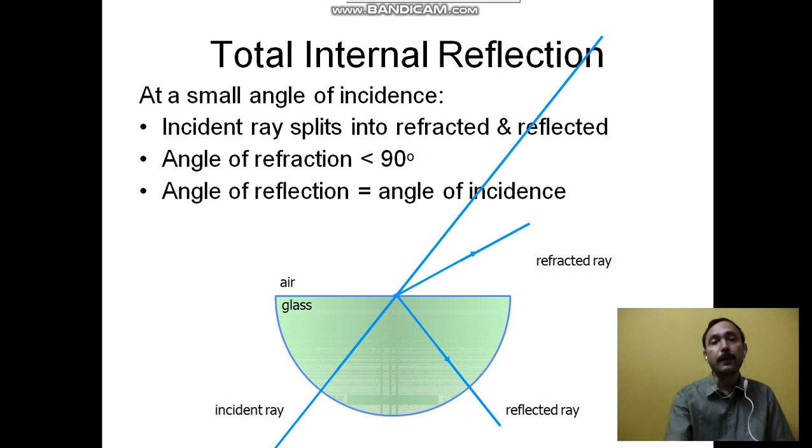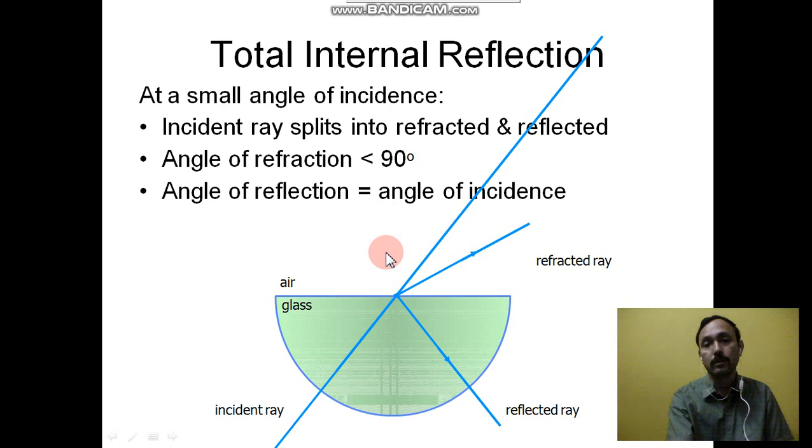At a small angle of incidence, the incident ray splits into a refracted and a reflected ray. This one is refracted, this one is reflected. If you draw a normal in this direction, this is a small angle. So the angle of refraction is less than 90 degrees.